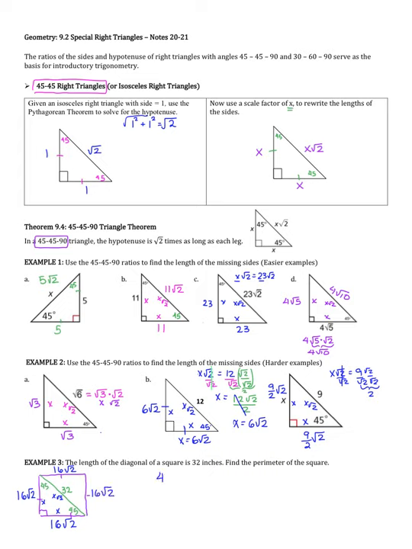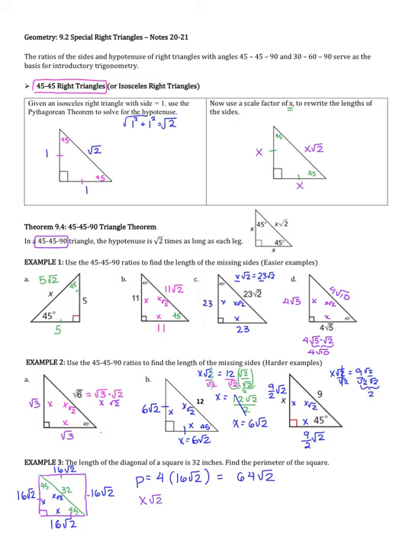So 4 times 16 rad 2 is going to equal my perimeter, which is going to be 64 rad 2.